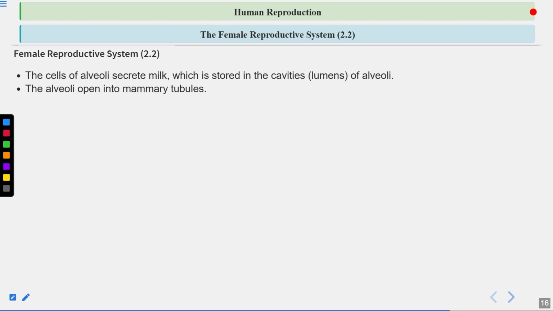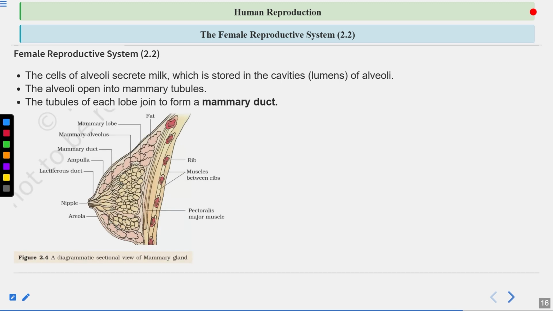Now, alveoli open into mammary tubules. The tubules of each lobe join to form a mammary duct. You can see here, this is the fat tissue, then the mammary lobe.